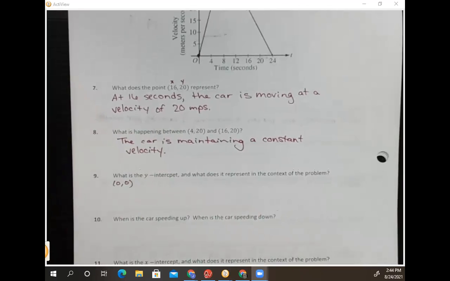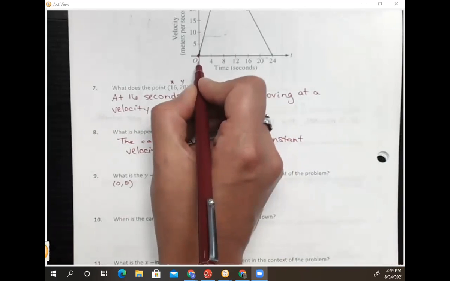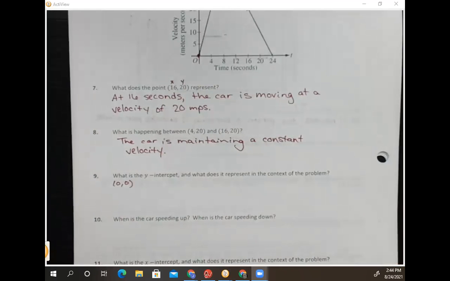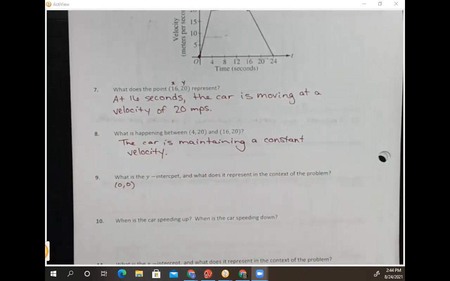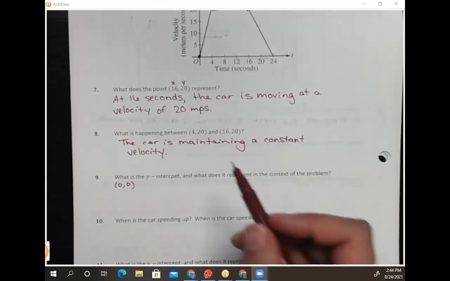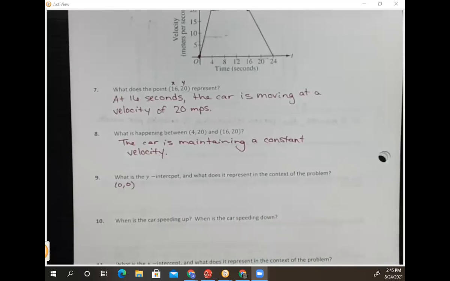And then will you give me your answer for what it represents in the context of the problem again? Yeah, so this is a time of 0 seconds. Our velocity is 0 meters per second. So you could phrase it just like that. At 0 seconds, the car has a velocity of 0 meters per second. Sort of follows how we wrote number 7. We could also take that one step farther and say 0 seconds would be the beginning of us looking at this car's velocity.